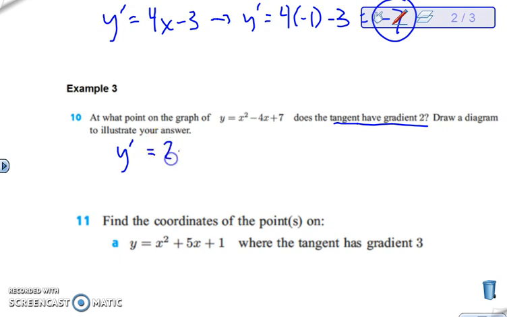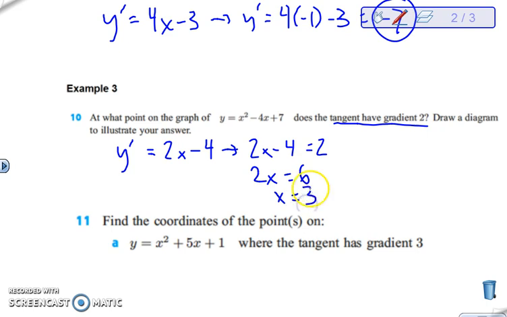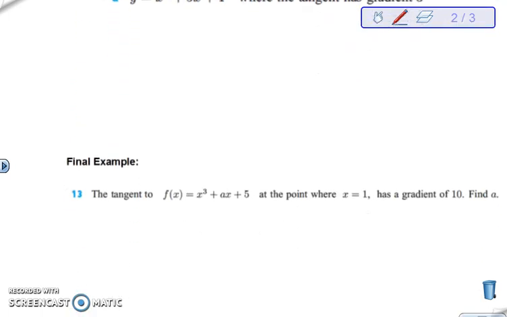So x squared becomes 2x, 4x becomes 4, 7 goes away, and I want to know what value of x I need in order for this to have a value of 2. So that means we set up the equation 2x minus 4 equals 2, and we solve. There we go. I will let you try number 11 on your own.